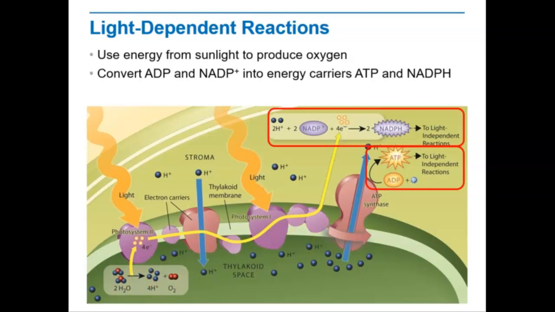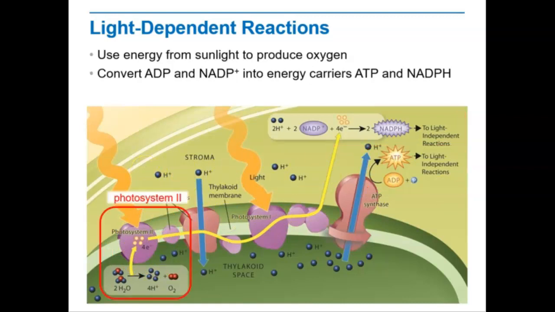So there are 4 main stages of the light-dependent reactions. We have photosystem 2, we have the electron transport chain, we have photosystem 1, and then we have hydrogen ion movement and the ATP formation. So if we look at the diagram, if you look for photosystem 2, you'll notice it's actually at the beginning of this chain.